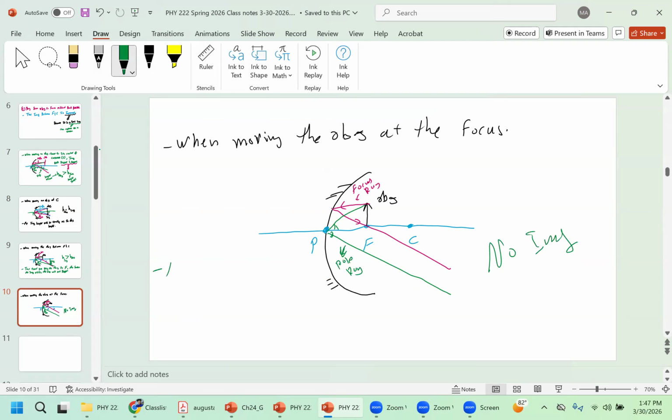So in this case, the two rays, which is going to be your focus and your pole, become parallel to each other.